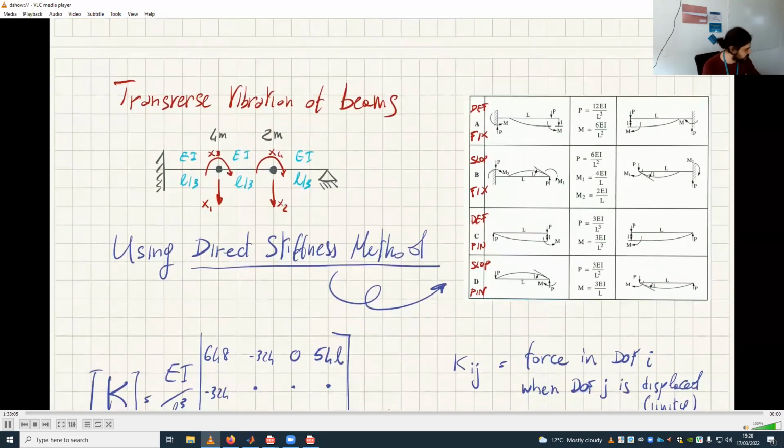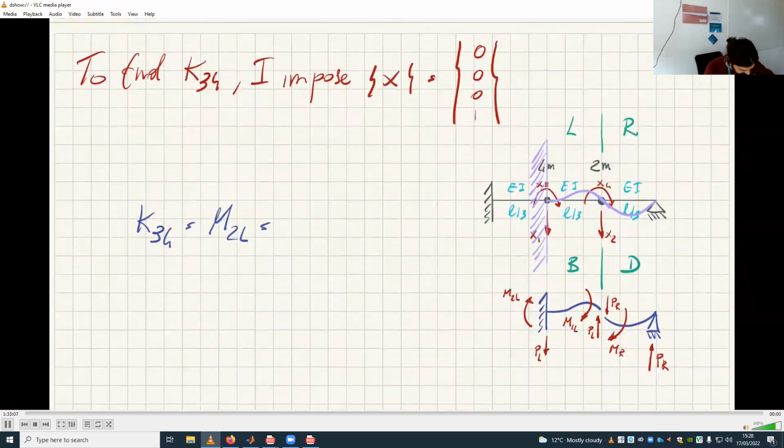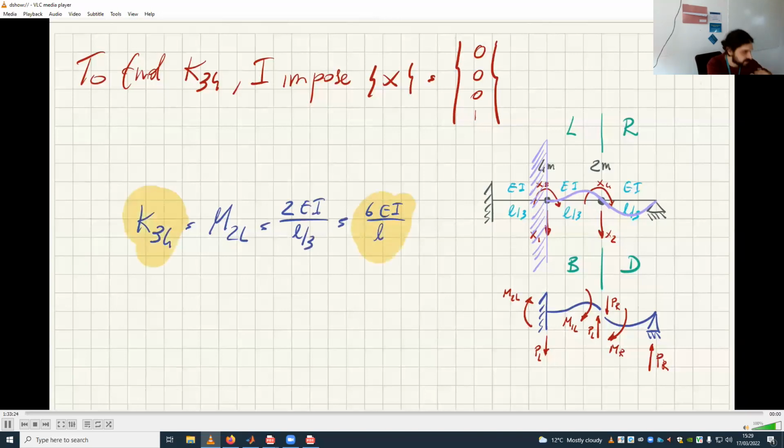M2L is 2EI over L. This case is on the left, we have EI is EI, but L is L divided by 3. So it's 2EI over L divided by 3, which is 6EI over L. This is K34.